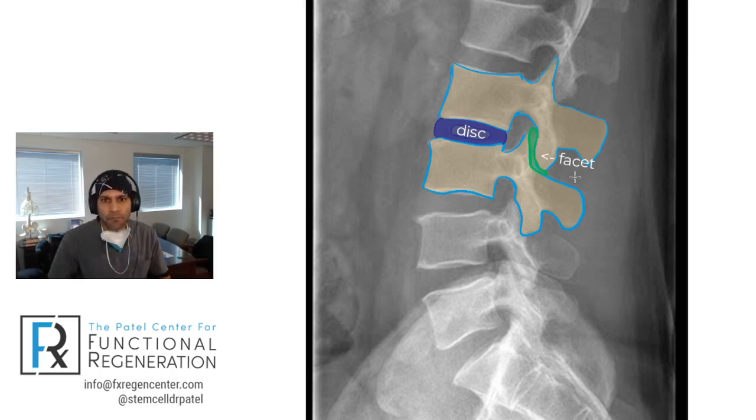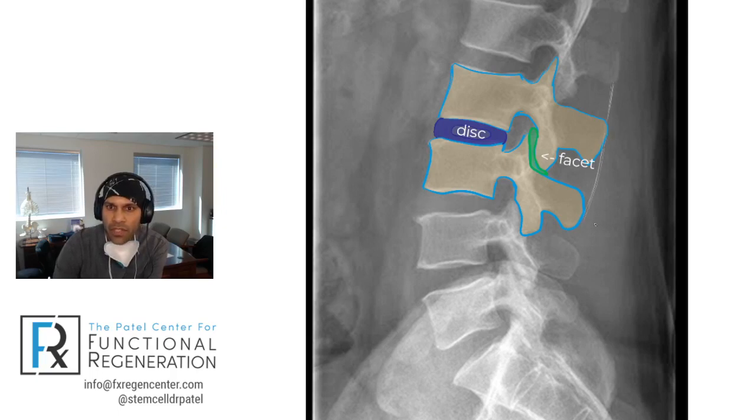Now, what's not in this diagram right now that we don't really appreciate yet is what occurs with what are called the ligaments, right? And again, I've mentioned this in the past, but I'll go through it again. The ligaments are these soft tissue structures that really connect bone to bone.